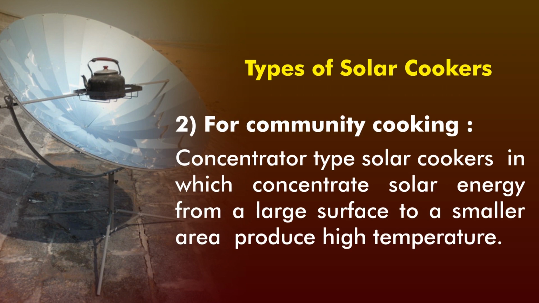For community cooking, there is the concentrated type solar cooker, in which concentrated solar energy from a large surface to a smaller area produces high temperature. Obviously, a single design of solar cooker cannot meet the requirement of all of the above sections. Therefore, you should think of application for the specific design.